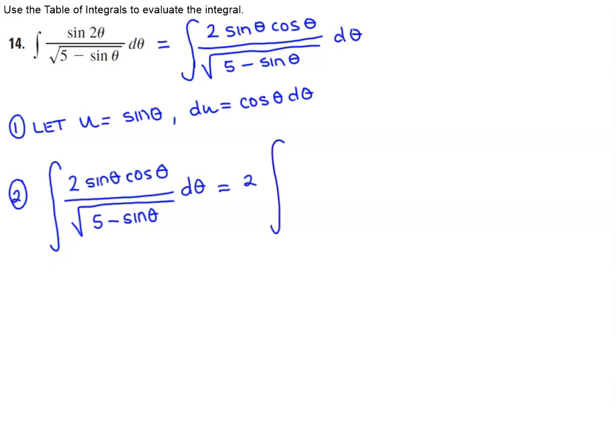Okay, so we know that the sine of theta is u, and then that's going to be divided by the square root of 5 minus u. And we know that the cosine of theta d theta is du. And so therefore there is our integral, and now we're going to go to the table of integrals to find the similar one that we're going to use for that.